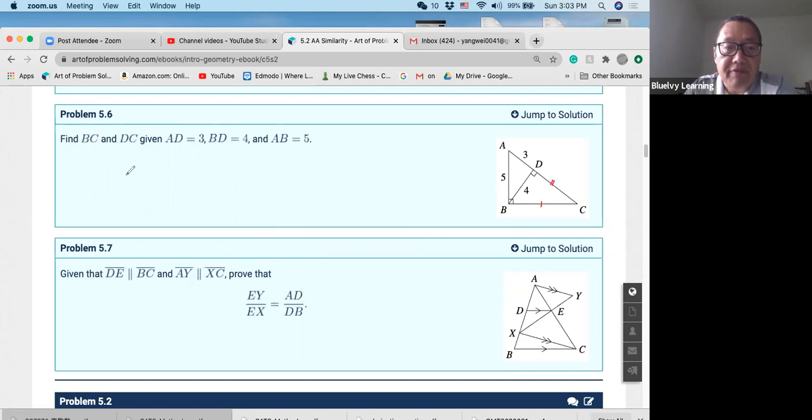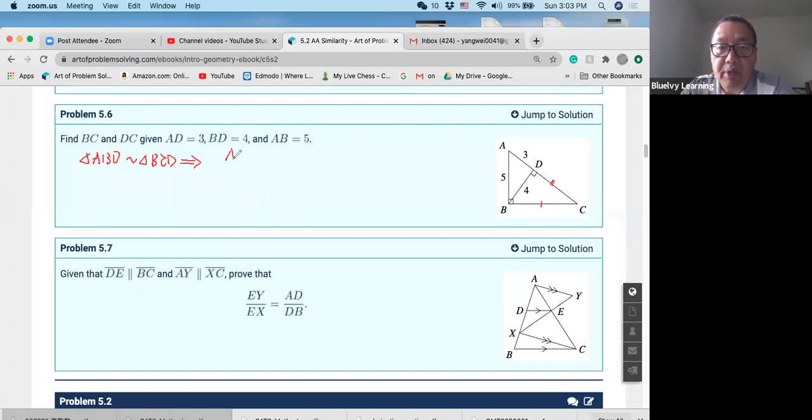Now let's see first, because triangle ABD is similar with triangle BCD, from this one we can get their corresponding ratios are the same.